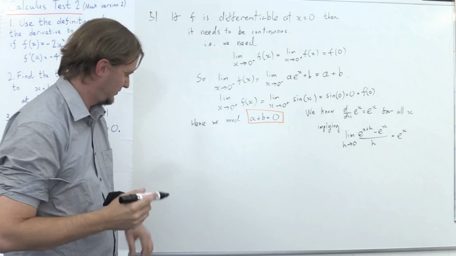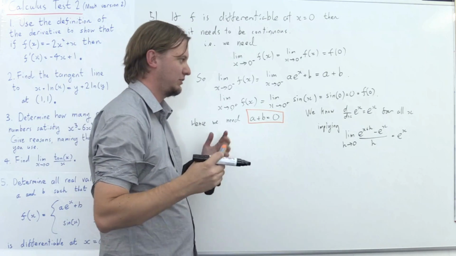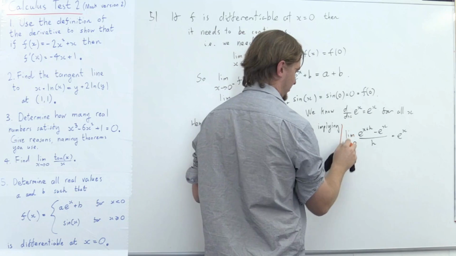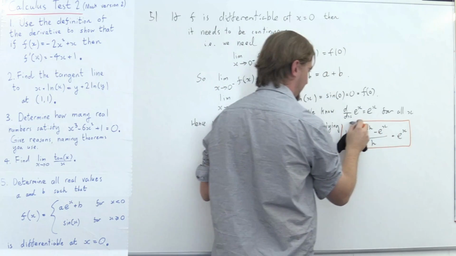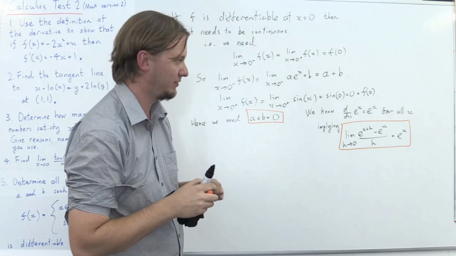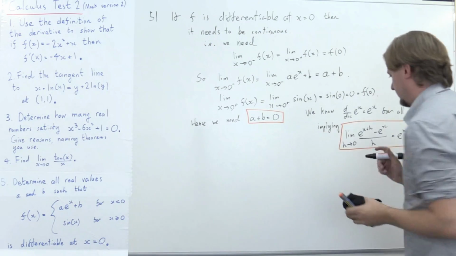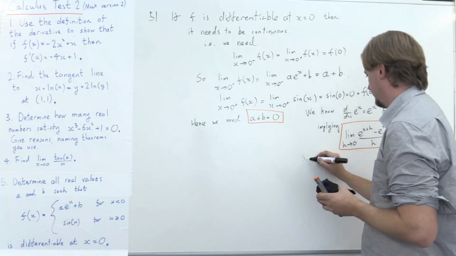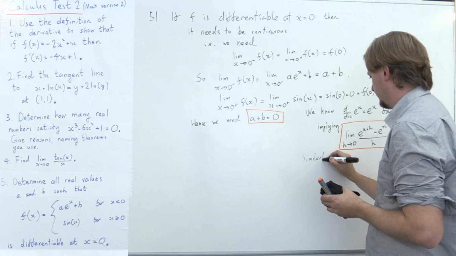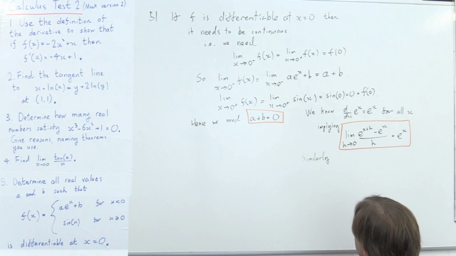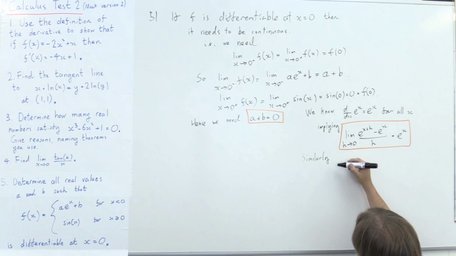There's only one way I've been able to see to actually use the formal definition, and that's to start with some facts that we know. So we know that the exponential has that derivative, which means as a limit, it has this. Similarly, the same thing is true for sine.